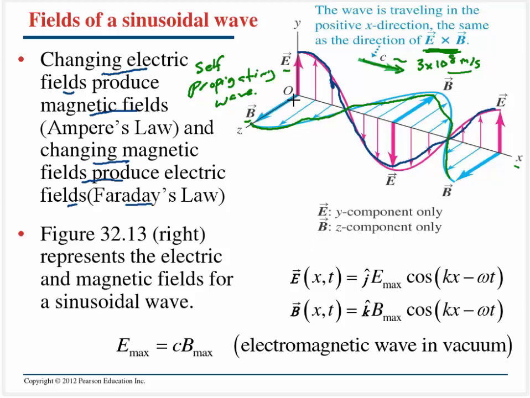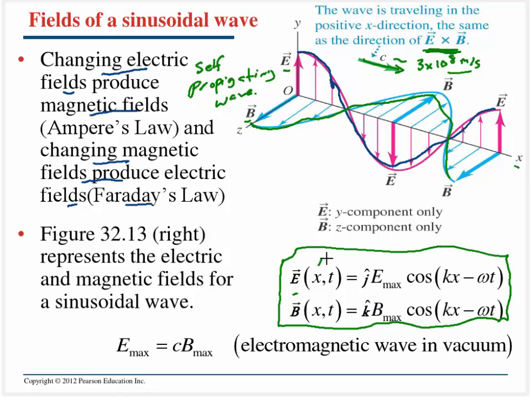So let's take a closer look here. These electric fields and magnetic fields, they're actually varying sinusoidally. So they're exhibiting wave-like behavior. Thinking back to chapters 15 and 16 when we talked about mechanical waves, we can express the electric field and the magnetic field in a very familiar format, where here we're expressing the electric field as a function of position and time in the j-hat direction.